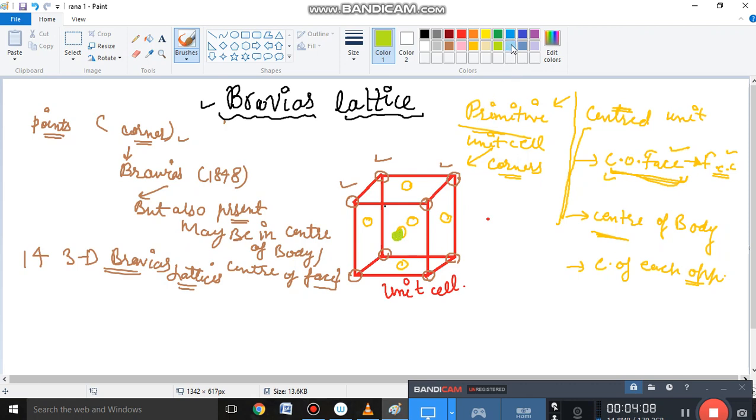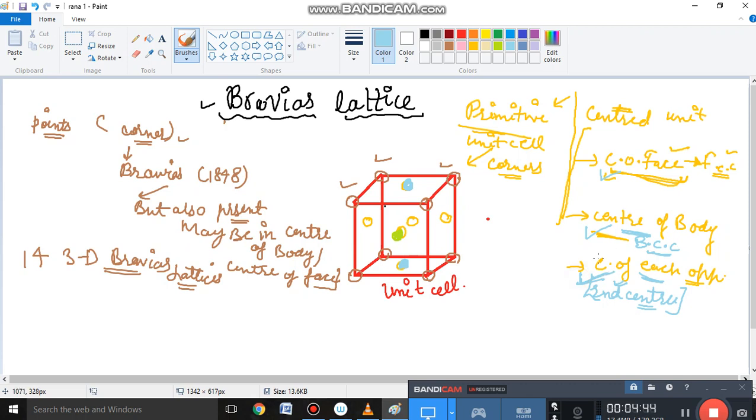Then we study the end-centered unit cell, when the particles are not only present at the corners but also at the center of each opposite face of the unit cell, sorry बताना भूल गई, and thus it can be represented by this, जैसे opposite ends हैं.